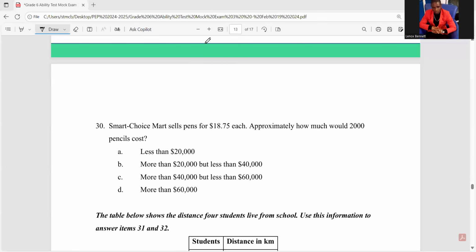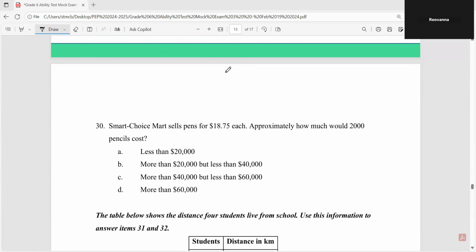Go ahead. Okay. So first, we need to find the approximate cost of 2,000 pencils, given that each pen costs $18.75. However, the question mistakenly refers to pencils instead of pens, but based on the context, we assume it means pens, since the price is given for pens. To find the total cost, we multiply the cost of one pen by the number of pens.